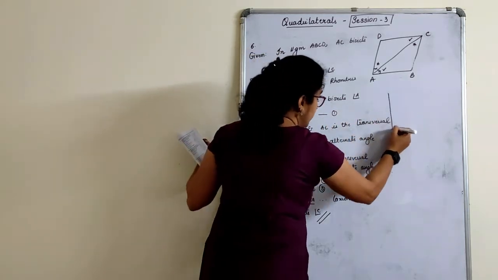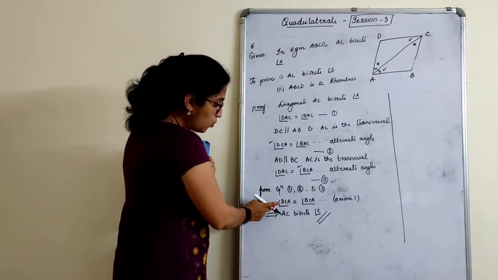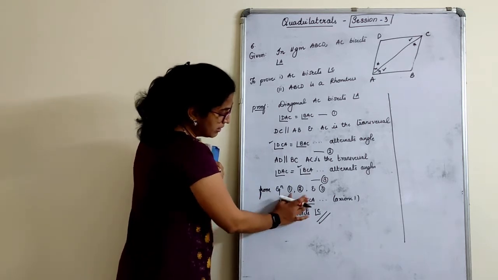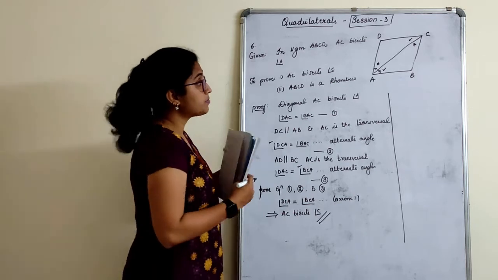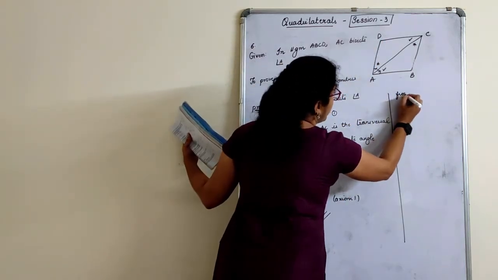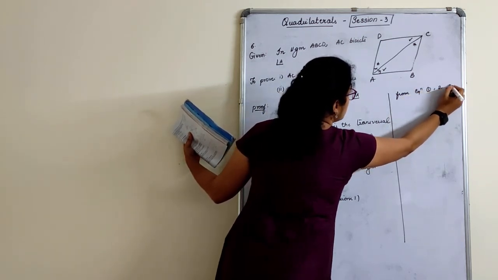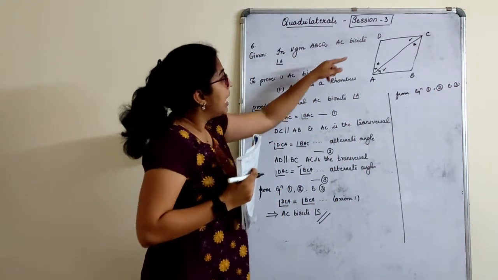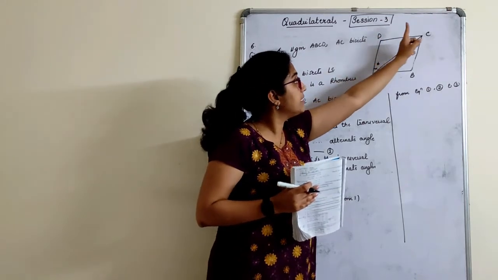Second part is remaining now. We have to prove that it is a rhombus. I don't have space, I'll go there. We'll again start from the usual thing, what we have got here. Now keep this as it is. Till here it is clear. We have no doubt here. Now from the whole given part, from equations 1, 2 and 3, angle DAC is equal to angle DCA.